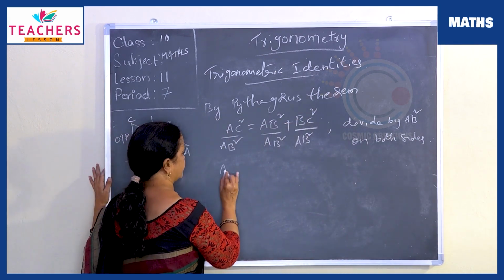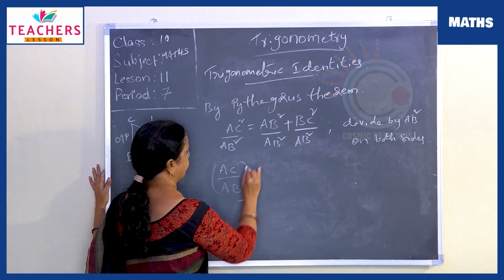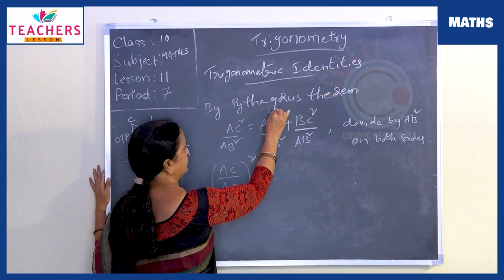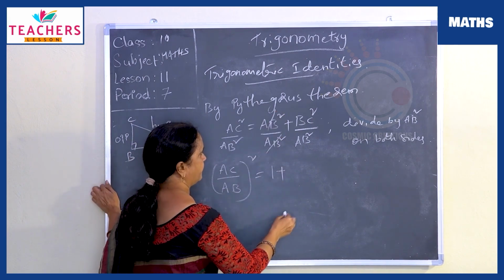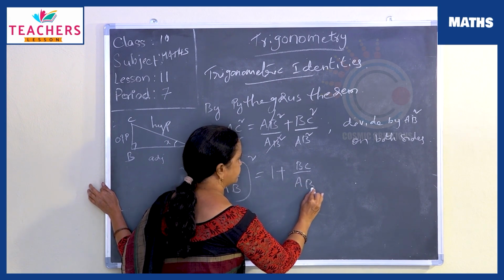AC by AB whole square is equal to 1 plus BC by AB whole square.